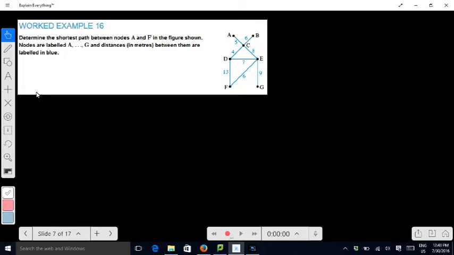Worked example 16, determine the shortest path between A and F in the figure shown. Towns are labelled A to G, and distances in meters between them are labelled in blue.